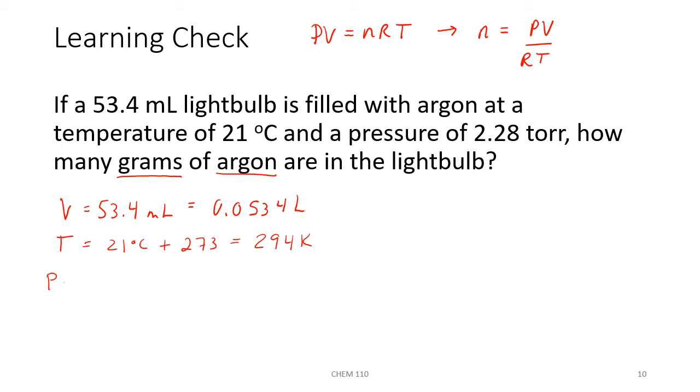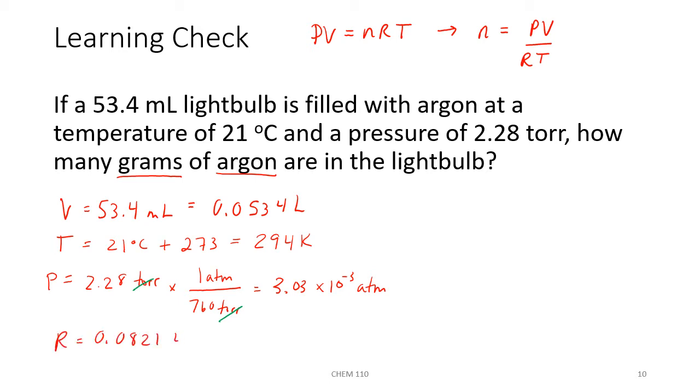Our pressure is 2.28 torr, and we have to be in units of atmospheres. So our link between torr and atmospheres is that 760 torr is equal to 1 atm. Our units of torr will cancel, and our atmospheres should be 3.03 times 10 to the negative third atm. And R is 0.0821 liters times atmospheres divided by moles times Kelvin.